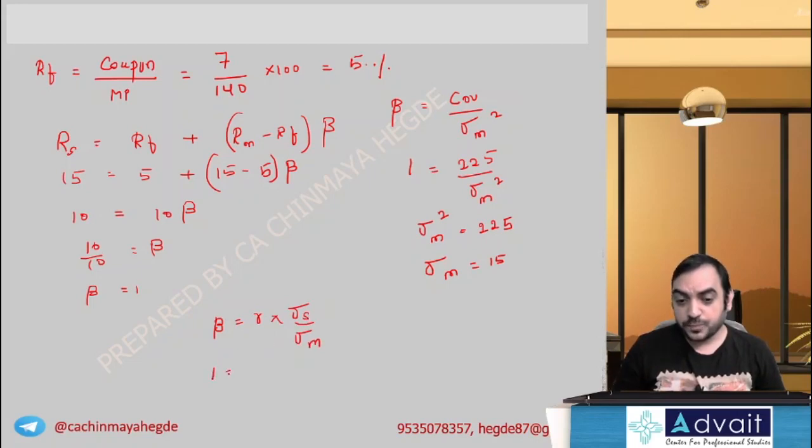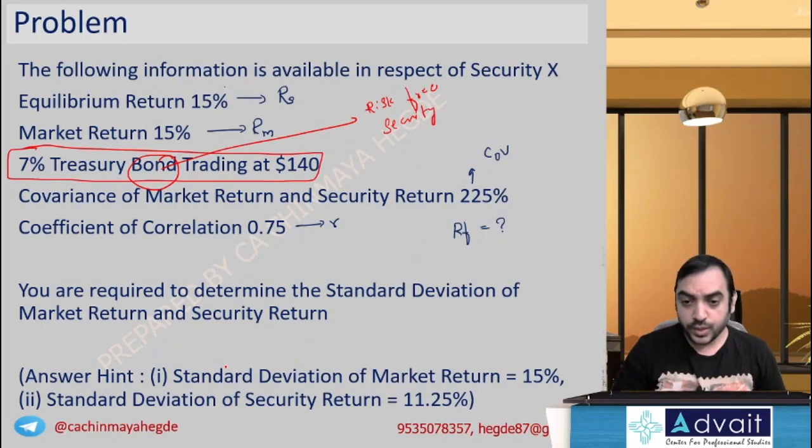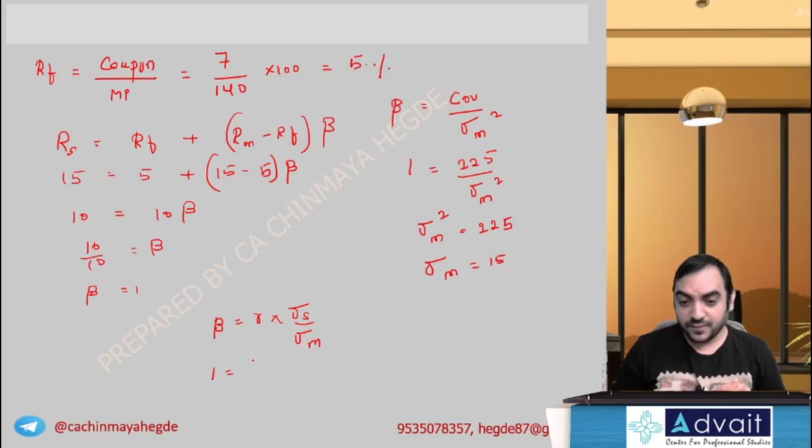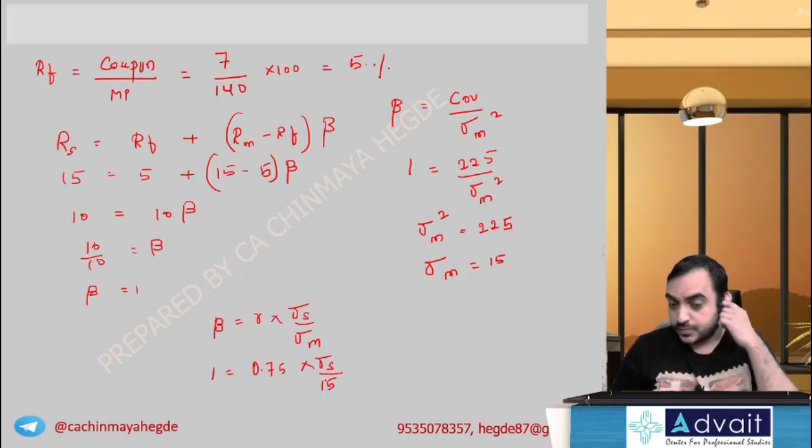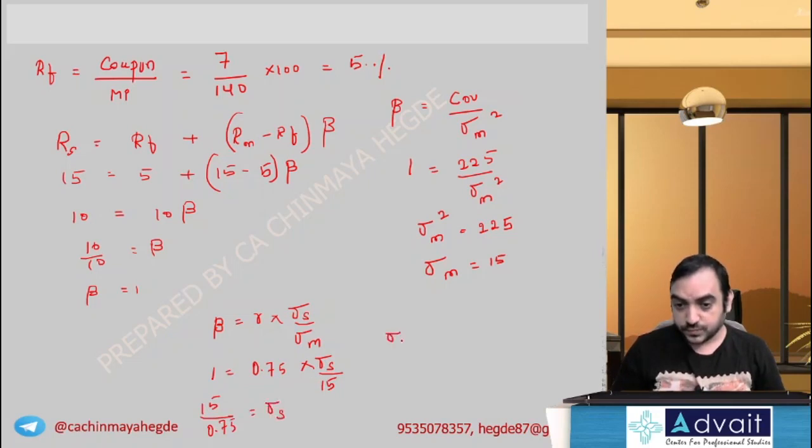Beta equal to 1, R is given as 0.75, into standard deviation of security by standard deviation of market. Standard deviation of market is 15. So if I cross multiply, 1 into 15 divided by 0.75 equals standard deviation of S. So standard deviation of S becomes 20%.